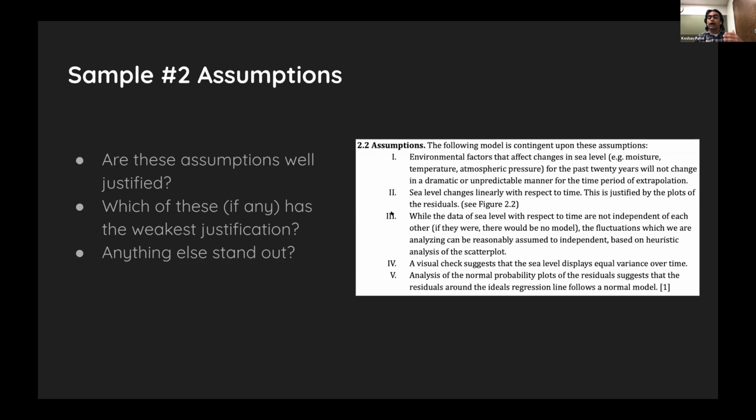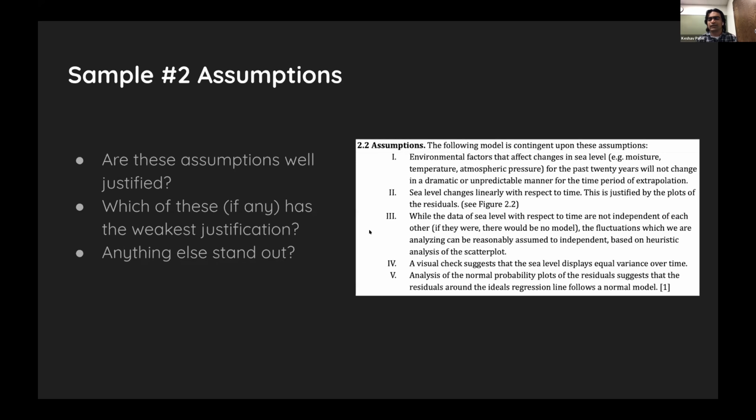Another thing, right? Assumptions, the number of them. The first one I showed you had 3, I think. The second one had 4. This one had 5. So it's a little bit difficult to say exactly how many assumptions you're going to need. Certainly, if you have less than 3 assumptions, I would raise my eyebrows a little bit. But you also don't want to take up tons and tons of space on all of your assumptions.